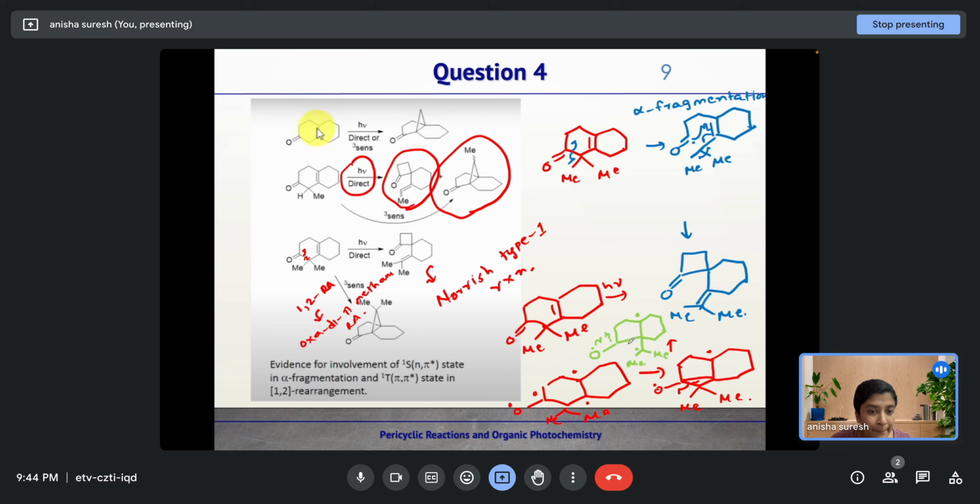So this will combine giving a ketone and this will combine giving this bridged system. Okay, I hope the mechanism is clear.